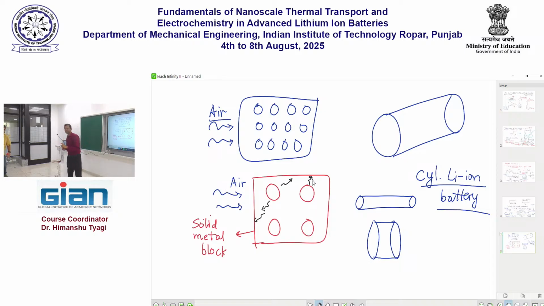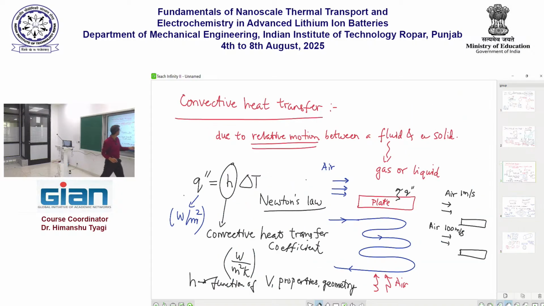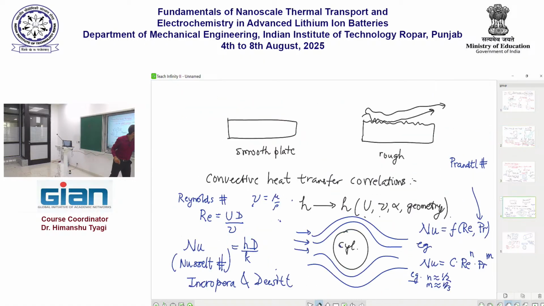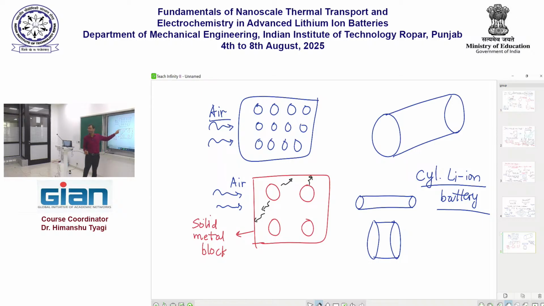In step number one, heat has to flow from the cylinder through the material of the solid block, and it has to reach the outside surface, and then the air blowing over the outside surface will remove heat. So step number one is conduction. Remember, conduction was the flow of heat through a solid body, right? And then the second step is convection, which is due to relative motion between the solid body and the flow of air.